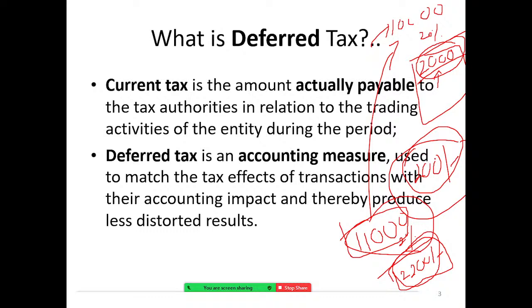This 200 will be accounted as a deferred tax asset. It means it's a kind of overpayment. So when next year comes, accounting profit may be the same 10,000, for example, and the taxable profit may be 9,900. That time tax may be 2,000 based on the accounting profit, but tax based on the taxable profit may be 1,900.